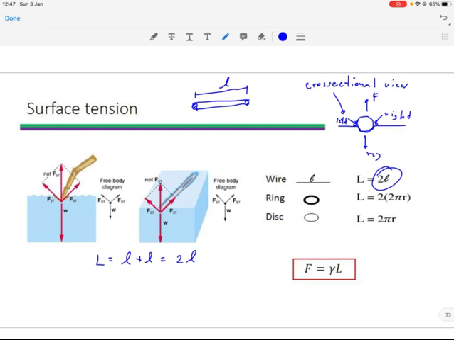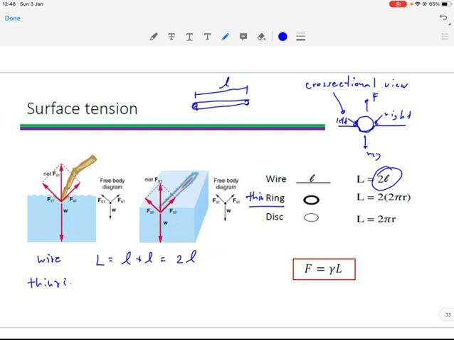For a case of a ring, let's say a thin ring, right? Thin means that the thickness of the ring is very, very small compared to the inner and outer radius of the ring. So this is a thin ring with radius.